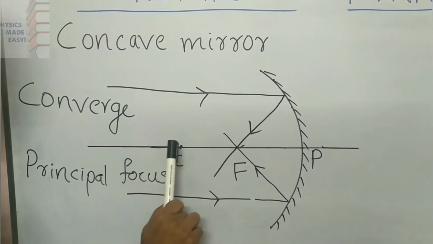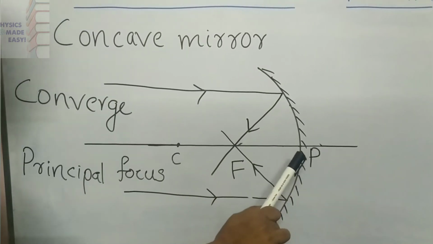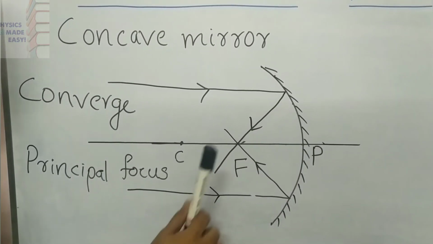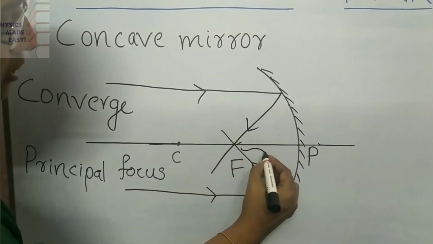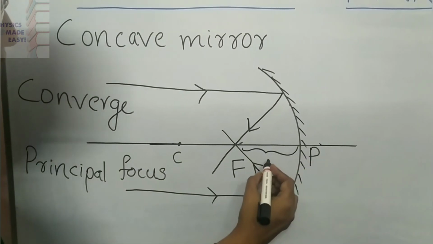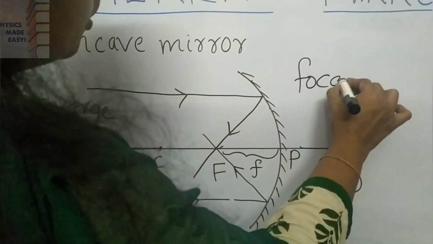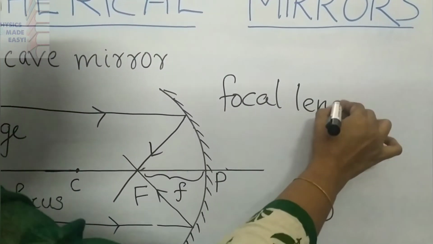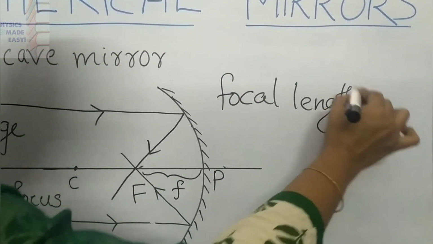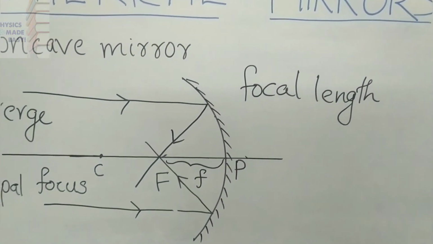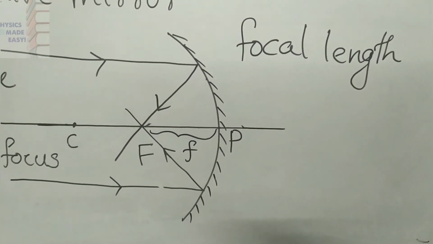You know the distance between C and P is called the radius of curvature. Like that, the distance between the principal focus and the pole is called the focal length, and that is denoted by the letter f. Small f for focal length and capital F for focus.